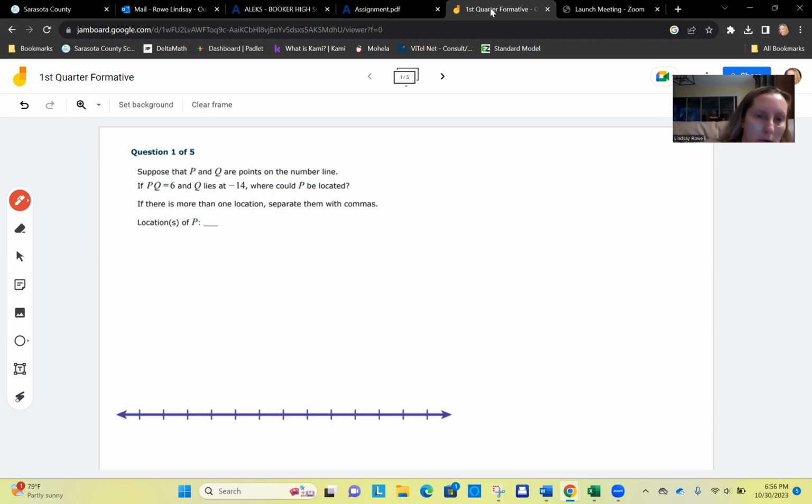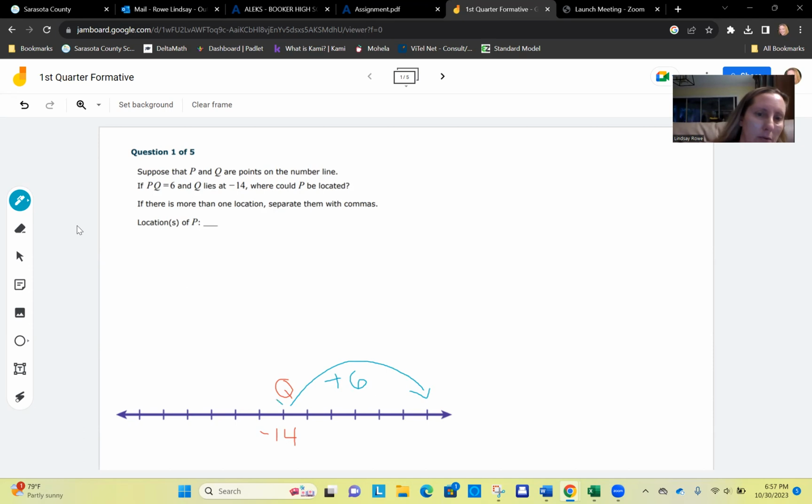Well, Q is here at -14. So if it's 6 units in length and it's on a number line, we could go 6 units this way, right? Plus 6. And where else could we go? We could also move 6 units to the left.